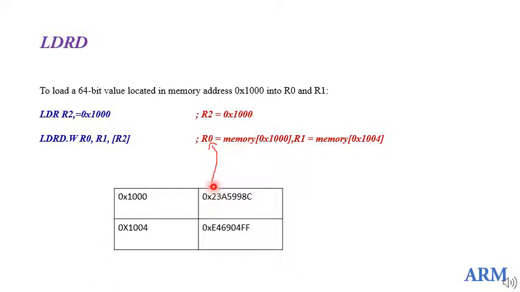So this data will be loaded into R0 first, because R0 is the first destination register, and then the next data will be at 1004, because the first is going to occupy 4 memory locations, each location 1 byte. So the next available address is 1004, which has the data value E46904FF. This is going to be loaded into R1.